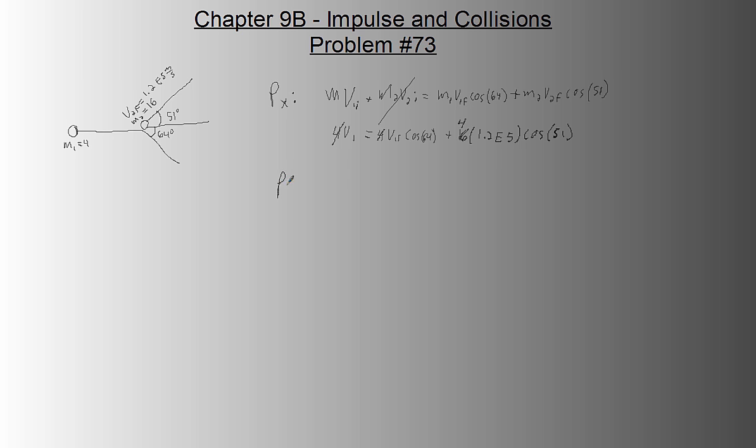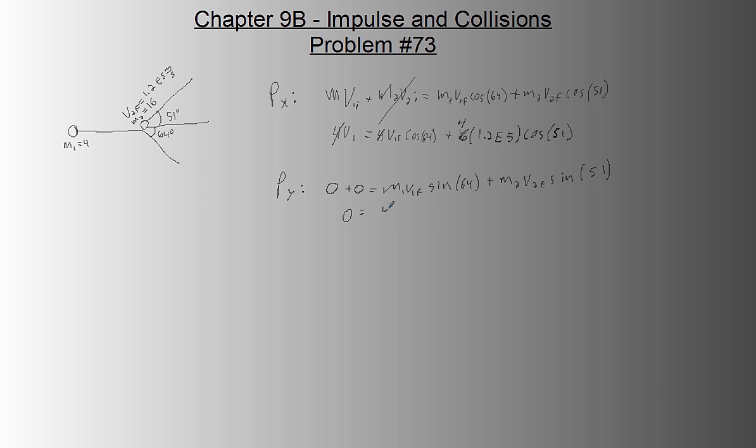Let's do the y direction. This is not moving in the y direction initially, and this is at rest. So I'm just going to take a shortcut and say 0 plus 0 equals m1 v1 final sine 64 plus m2 v2 final sine 51.